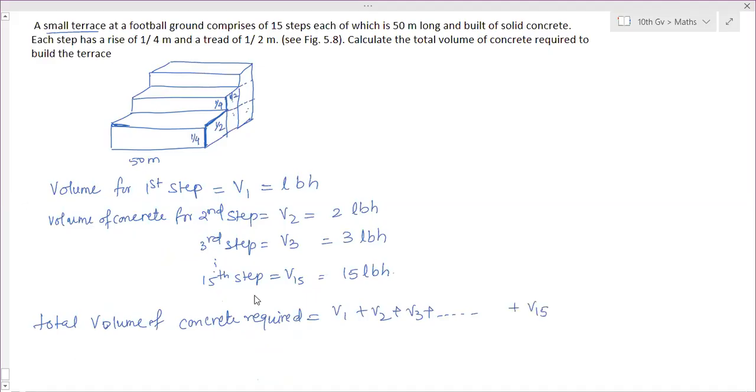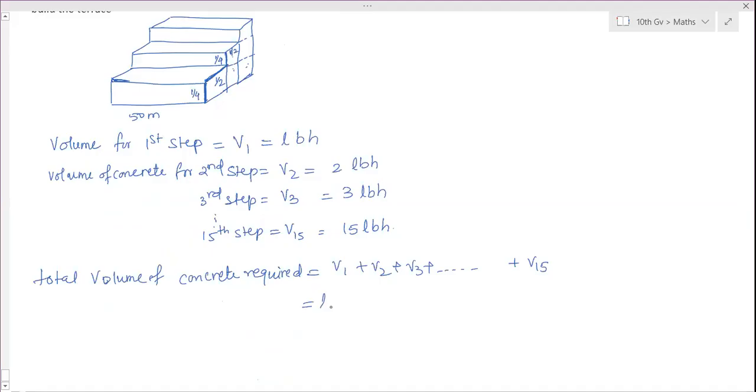So this is LBH plus 2 LBH plus 3 LBH, and so on till 15 LBH. Now if you take LBH common, it is 1 plus 2 plus 3 till 15. Now these terms are in AP.